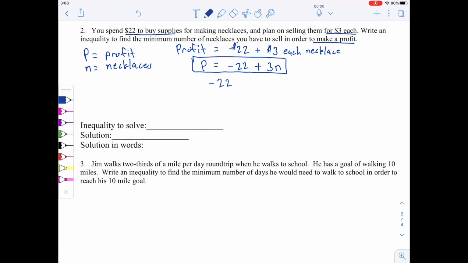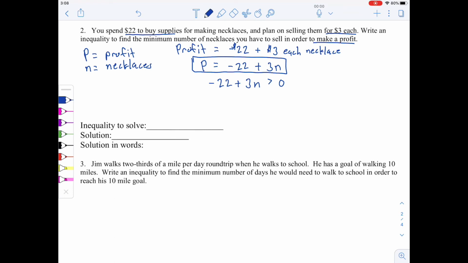So what is a profit, right? How do you consider a profit? So profit is anything above zero, right? You're making money and you have more than zero, you made a profit. Right? You spent $22, you sell so many necklaces. If you end up with more than zero, you make a profit, right? So it has to be greater than zero.